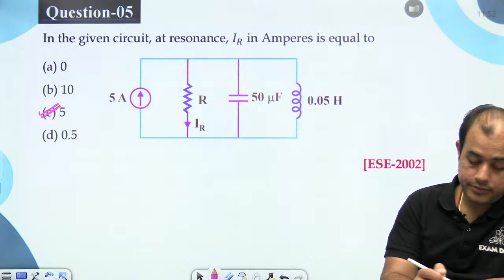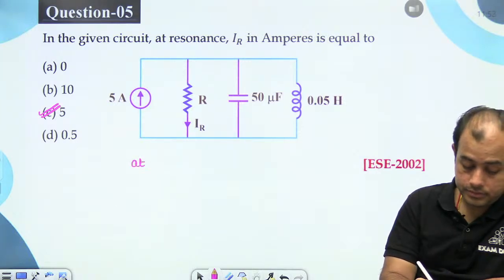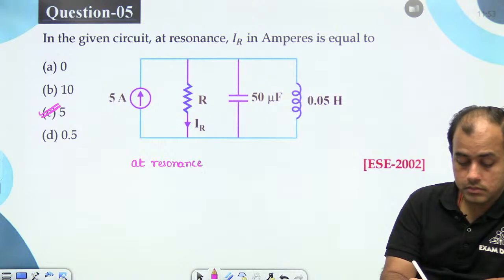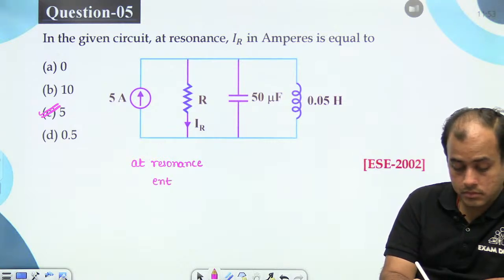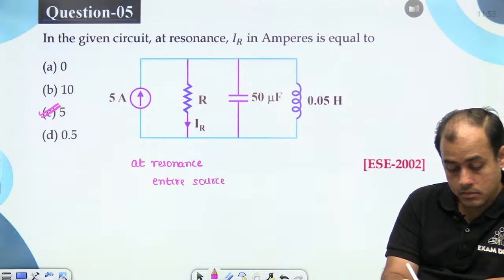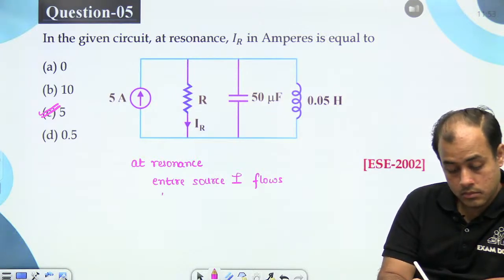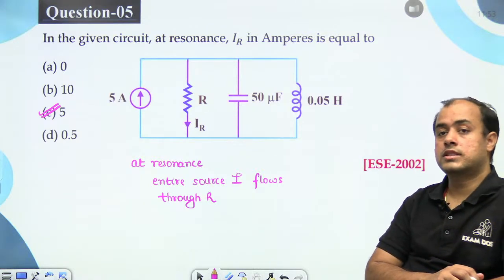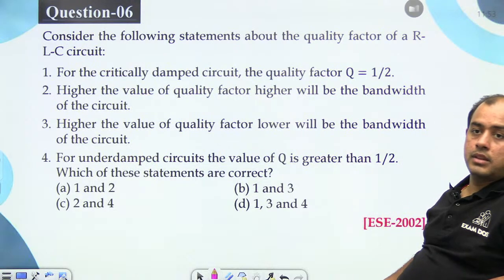IR will be 5. Entire source current flows through R.